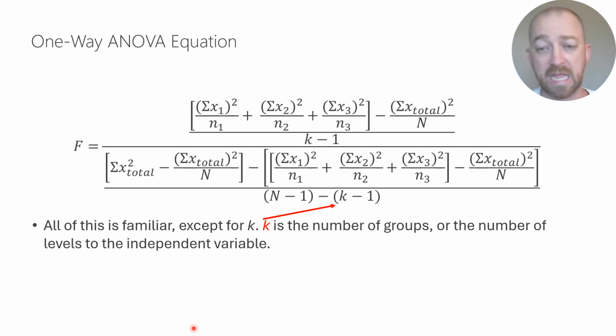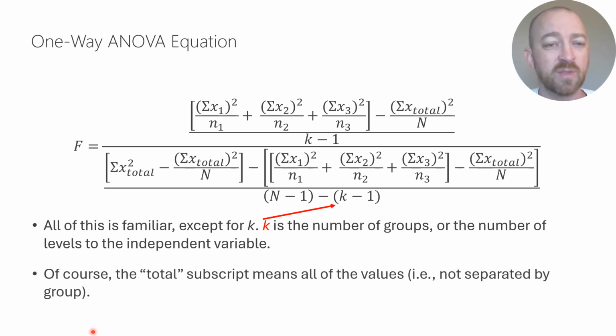In this case, K represents the number of groups that you have, the number of groups that you're comparing. Now, in this particular equation, as you may guess, there are 3 groups because, as you can see, we have all of the scores from group 1, the scores from group 2, and the scores from group 3. So I don't have any more than 3 groups in this particular equation. Now, it's easy, of course, to add groups. We can do that in just a second.